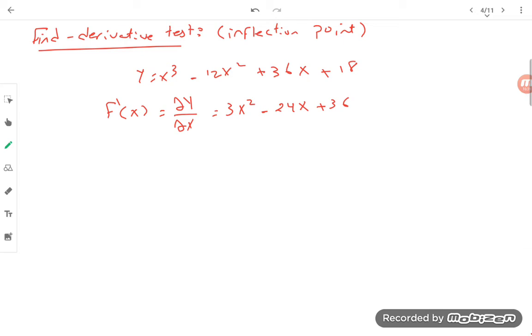In order to find the point of maximization or minimization, we are going to equate f dash x with 0. So it's going to be 3x squared minus 24x plus 36 equals 0. Then we use factorization or the quadratic formula to find the possible solutions for x.